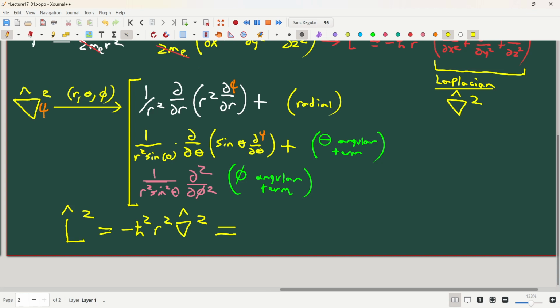We only care about the angular part right now. We don't care about r. R is fixed, rigid rotor. This term is 0 for a rigid rotor, because there's no change with respect to r. The system doesn't move r. R is a fixed number. So this term right here is completely 0. It goes away. So we don't have to worry about the derivative with respect to r for the rigid rotor.